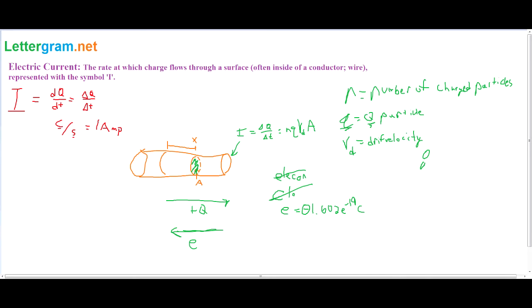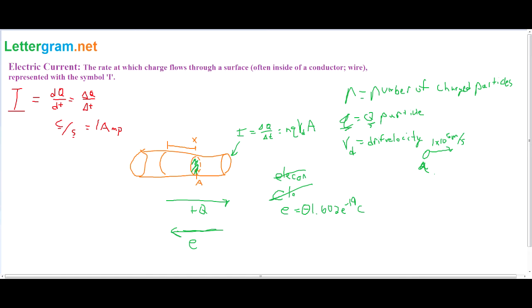So say here's particle Q, and it's flying through at, I don't know, 1 times 10 to the 5th meters per second. And most charges move very fast.